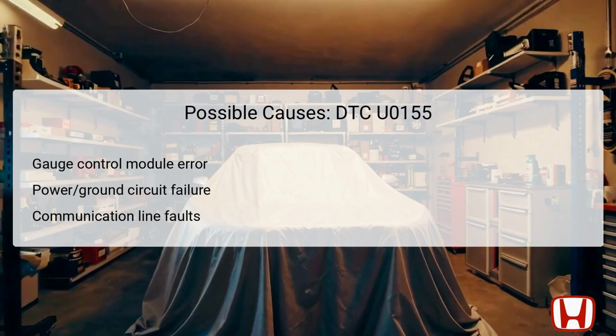Additionally, faults in the communication lines, specifically the PF-CAN-A line or the PD-CAN-B line, can disrupt the signals between these modules, resulting in the code being stored in the PCM. Notably, any of these failures could lead to a range of symptoms, making it imperative to methodically check each potential cause.